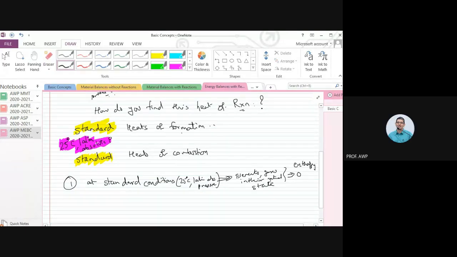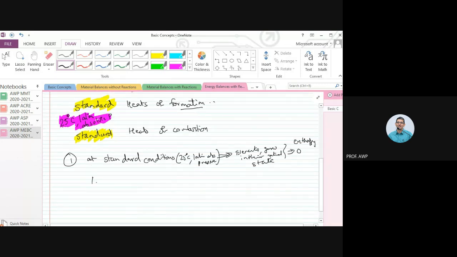So heats of formation. If I say standard heat of formation of SO2 gas, if I tell you this value, standard heat of formation of SO2 gas is minus 296.90 kilojoules per gram mole of SO2.